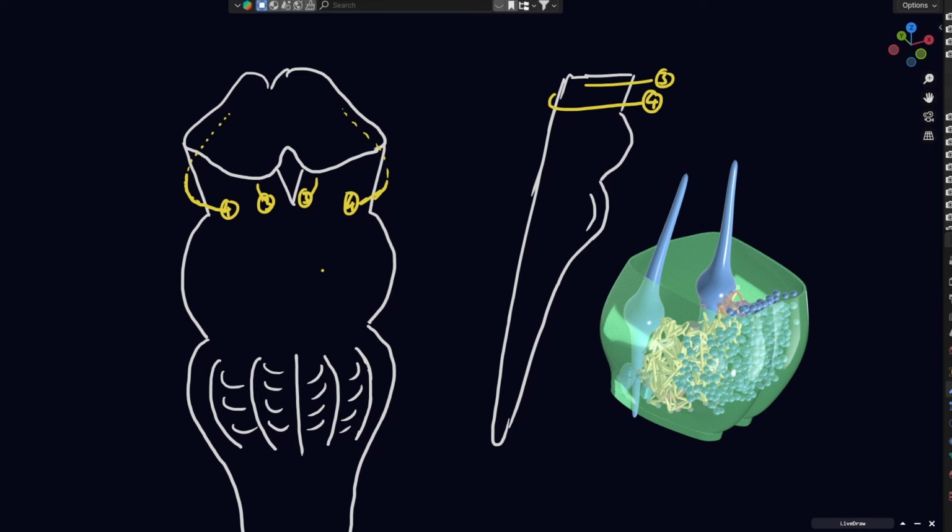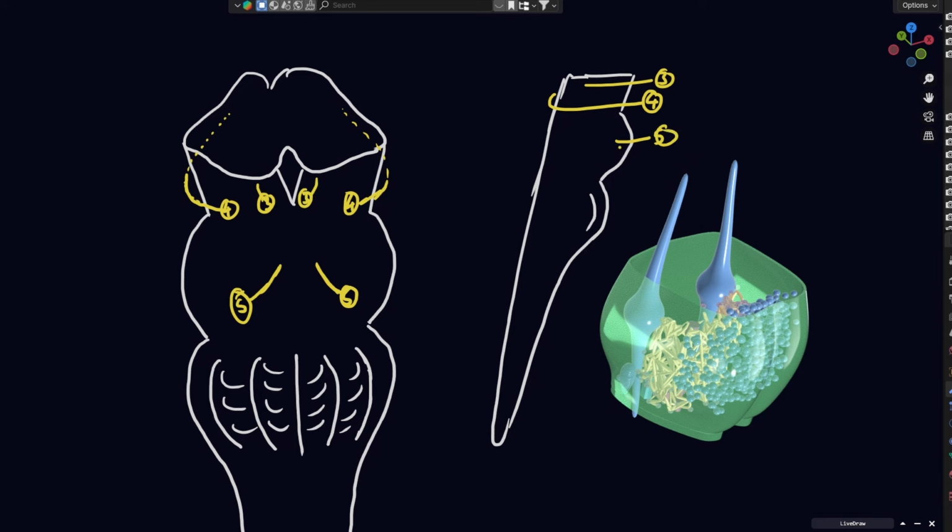Because its nuclei are in the mid of pons, this nerve will also arise from the mid of pons. This is the fifth cranial nerve. Again, it will divide into 3 divisions, but let's not go into that. That is the topic of neuroanatomy. So the fifth cranial nerve will arise from here.